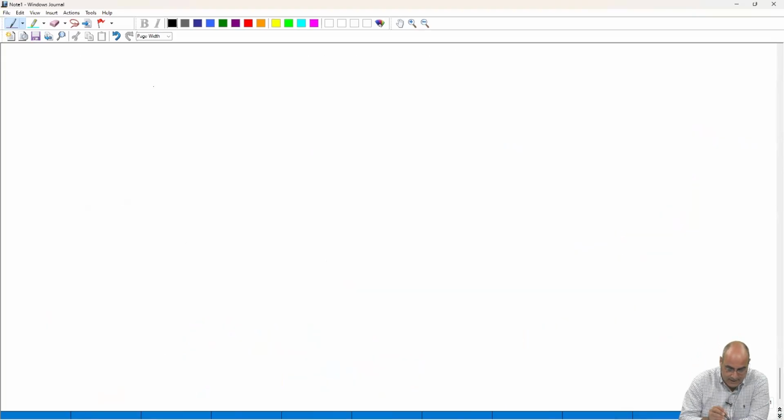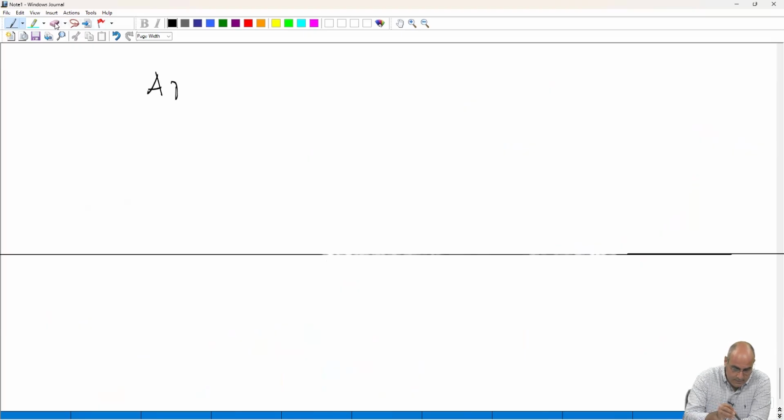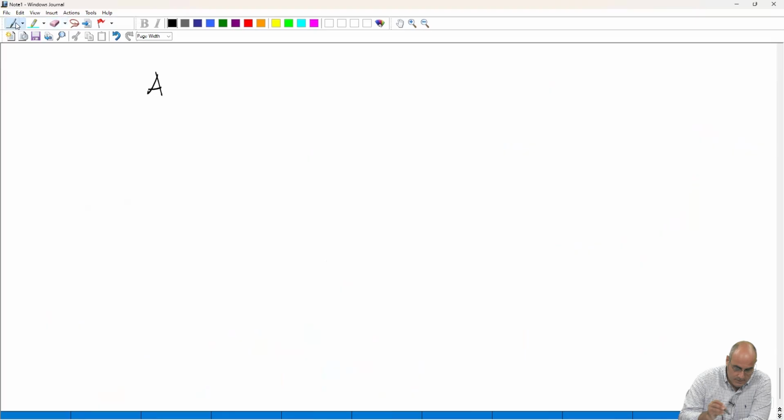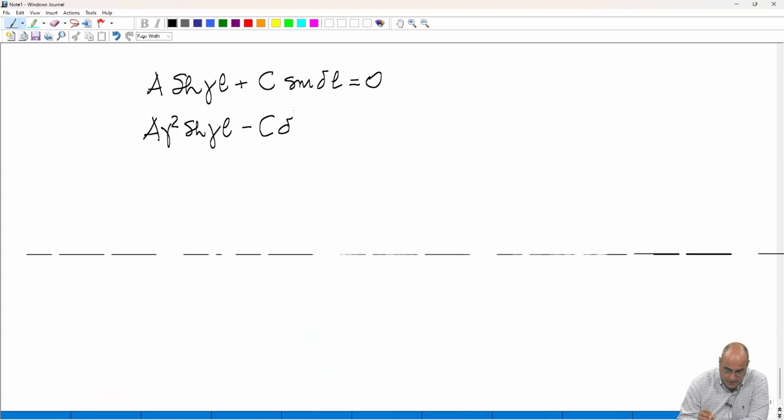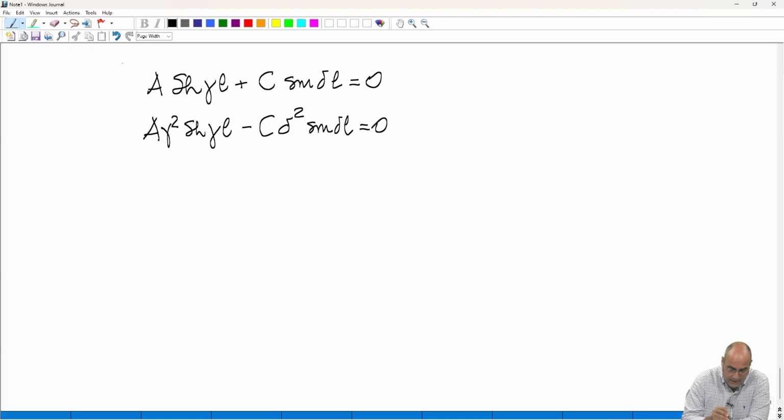So we have that A, the hyperbolic sinus of gamma L plus C, the sinus of delta L, has to be equal to 0. And A gamma square, the hyperbolic sinus of gamma L, minus C delta square, the sinus of delta L, has to be equal to 0.